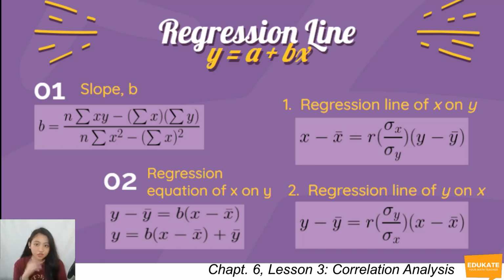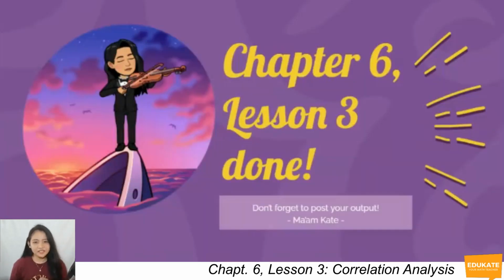And then you have the two shortcuts when given the mean, standard deviation, and the correlation value. So you have the regression line of x on y and the regression line of y on x. So that is it for chapter 6, lesson 3, on how to create your regression line under regression analysis. So do not forget to post your output and thank you for watching.